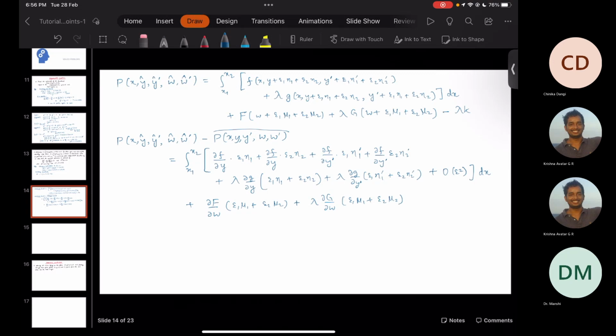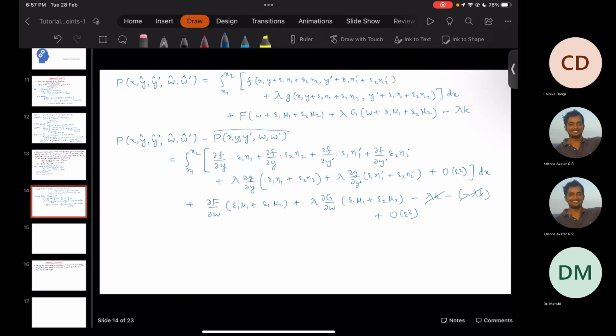So minus lambda k plus lambda k, it was minus lambda k and minus of minus lambda k, right? So it comes from both these terms, p in terms of the perturbed quantities and p in terms of the quantities y and y prime, w and w prime. So this actually cancels out. So that was what we had wanted, and there will again be order of epsilon square terms, right?